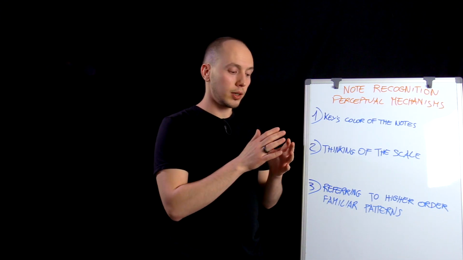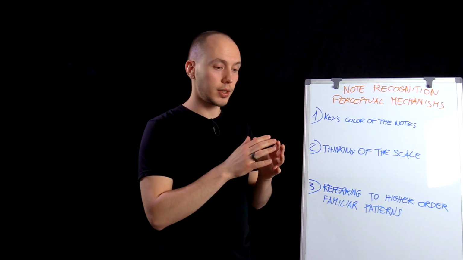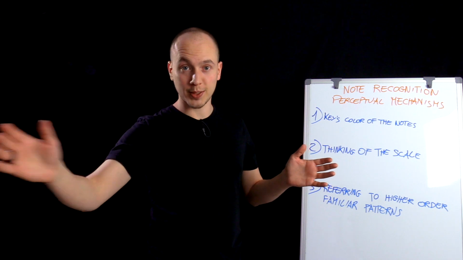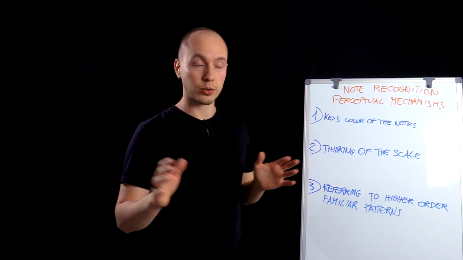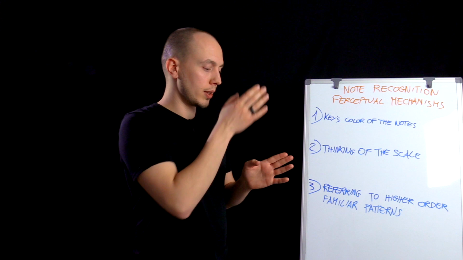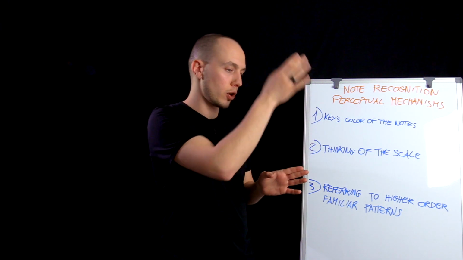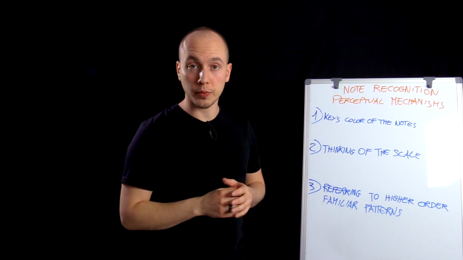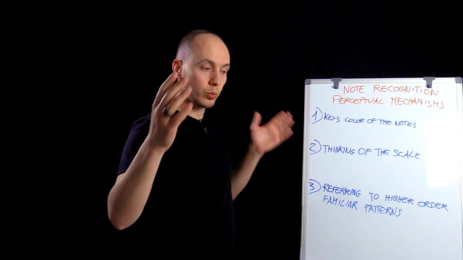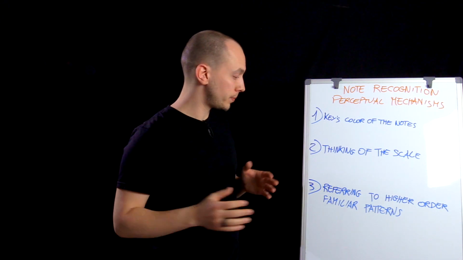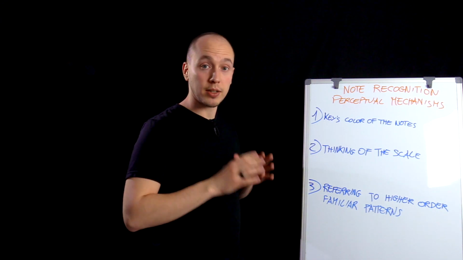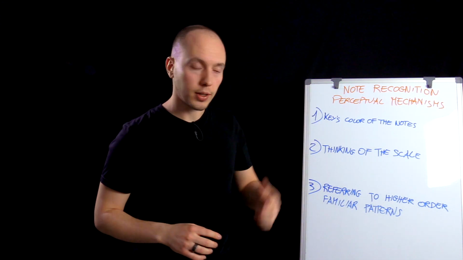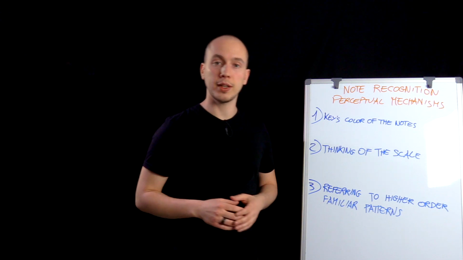For example, if we hear a melody that contains a portion of the major scale, and there are lots of melodies that contain portions of the scale, we can recognize, oh, that's a portion of the scale that goes from the second degree of the scale to the sixth degree of the scale. In that case, we recognized a few notes at the same time, simultaneously, by using the third mechanism, by referring to higher order familiar patterns.